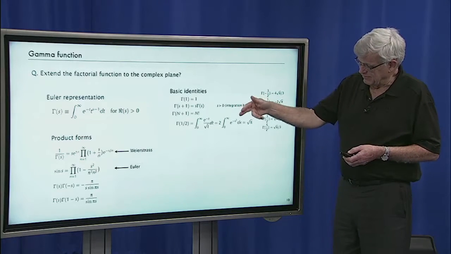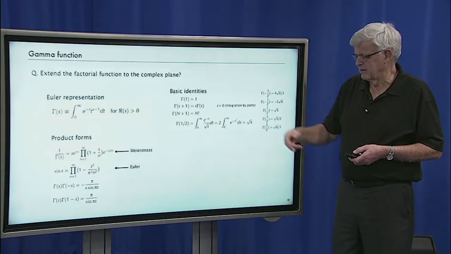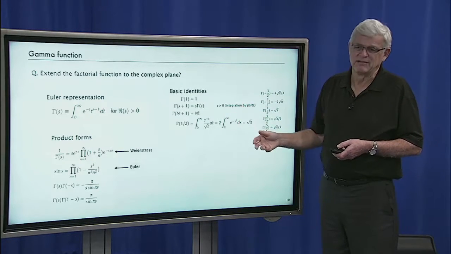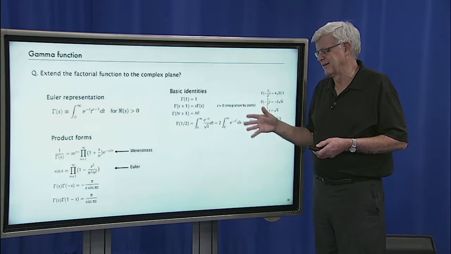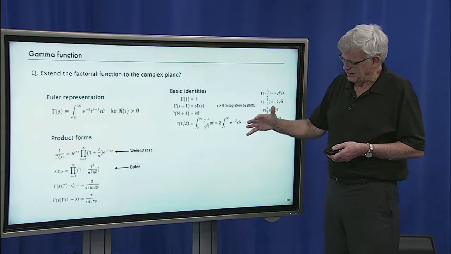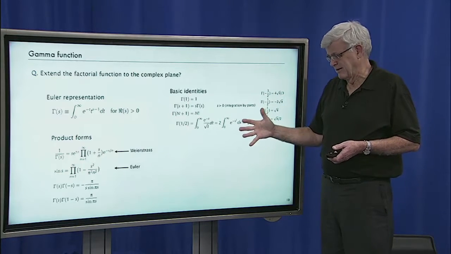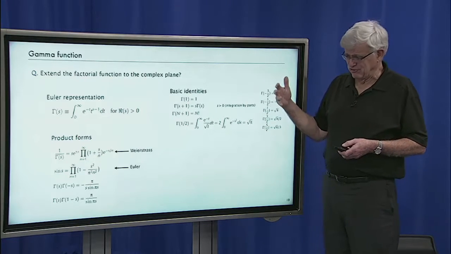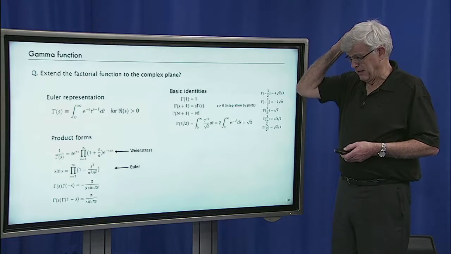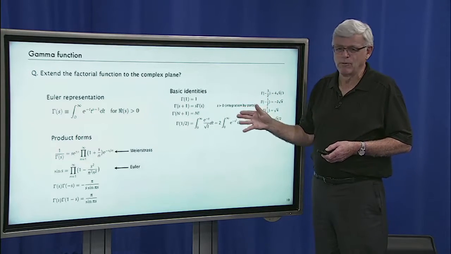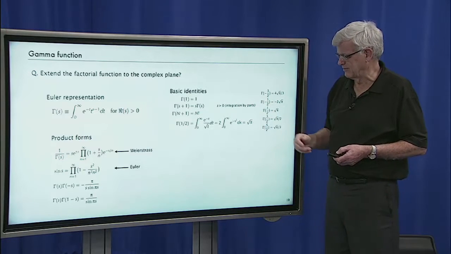Those derive pretty easily from the product forms. Amazing identities, and they play an essential role in all kinds of applied mathematics. So again, I don't have time in this lecture to do much more than just state them, but they do play a key role in singularity analysis.